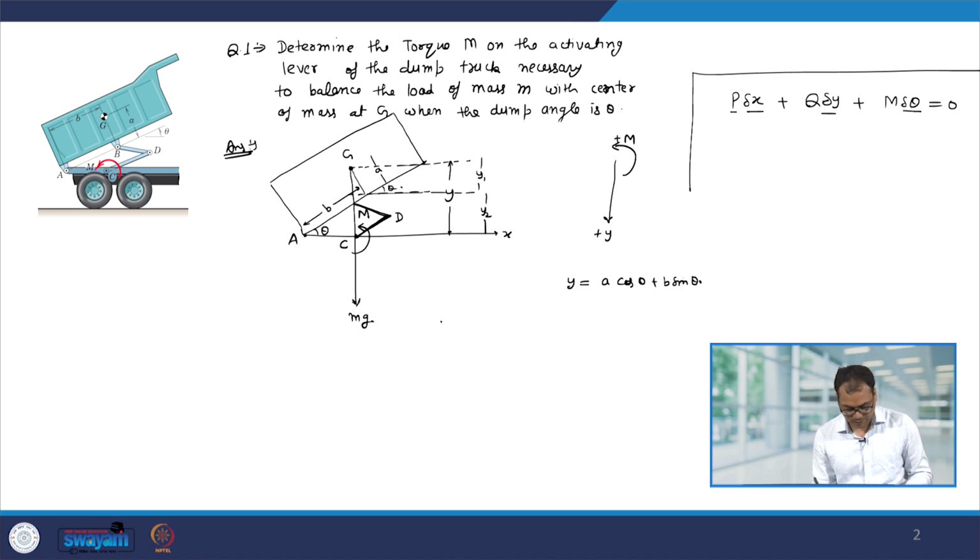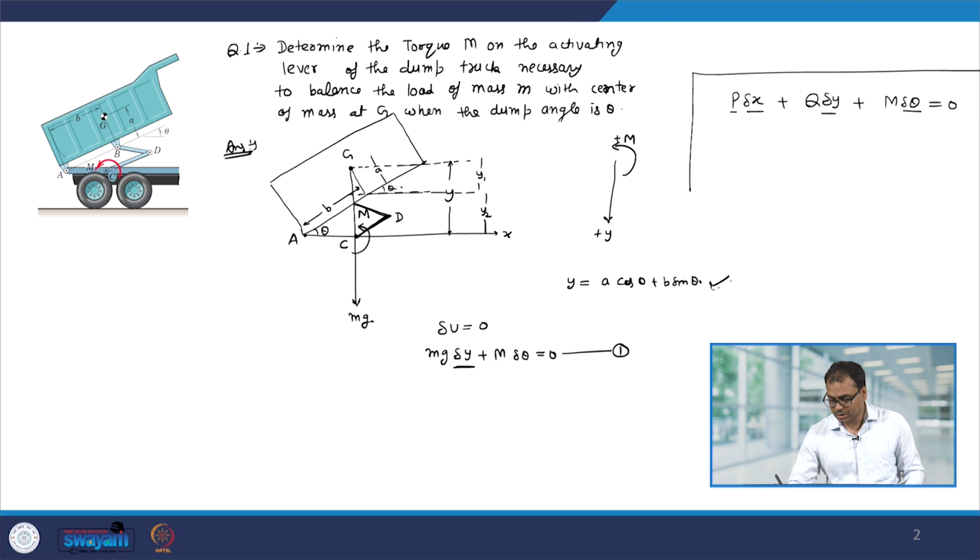We have delta U equal to 0. So, we have force mg, so let us say mg delta y plus M delta theta equal to 0. As I said, here the generalized coordinate is theta, therefore I have to write this delta y in terms of delta theta. I know this relation, so I can find out delta y.